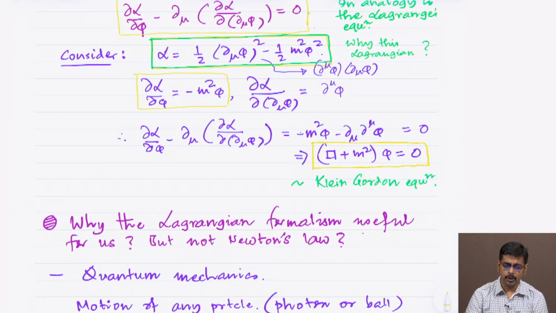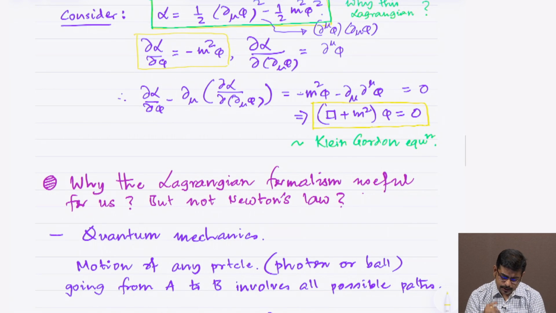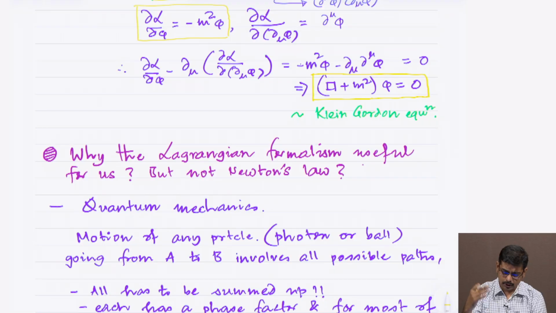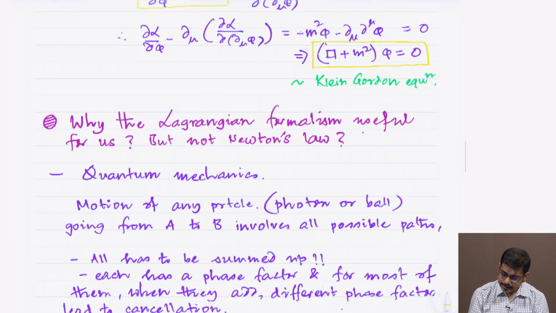I will take up one more example later, but now let us ask why this Lagrangian formalism is useful for us, but not something like Newton's law. We could not extend Newton's law to do our job. The answer is quite obvious: this is because we are doing quantum physics.